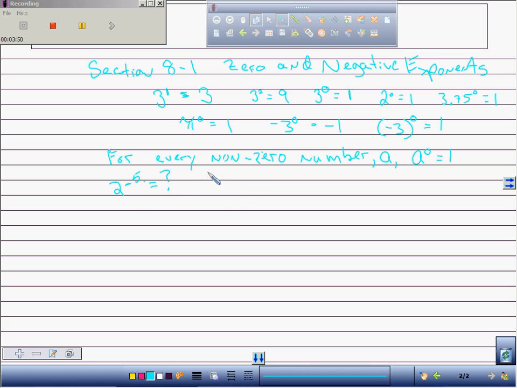It's just the way that the math guys set up the math to make sure it works. This means 1 over 2 to the positive 5th power. So if you see a negative exponent, you just put 1 over the same base.